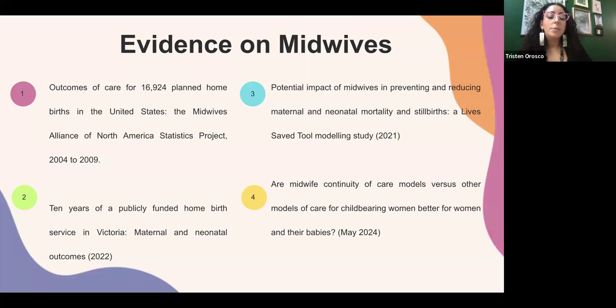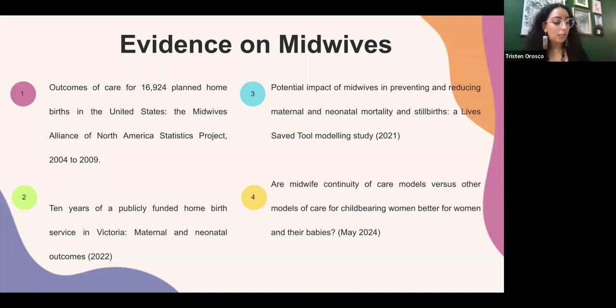The third study looks at the potential impact of midwives in preventing and reducing maternal and neonatal mortality and stillbirths. This model was implemented, as a theoretical, in 88 different countries, and the United States was not included as one of the countries.